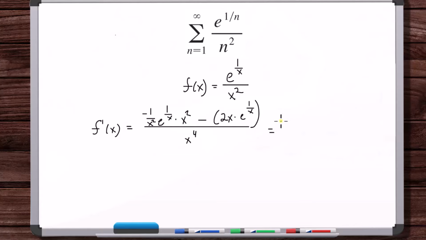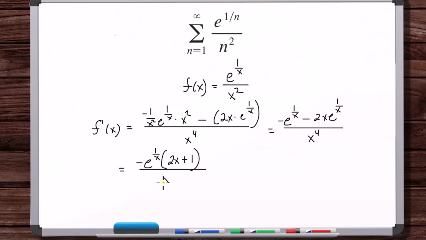So we've got minus e to the 1 over x minus 2x e to the 1 over x, all over x to the 4th. So minus, let's take out a minus e to the 1 over x, 2x plus 1. And yeah, that's always negative. It is decreasing.